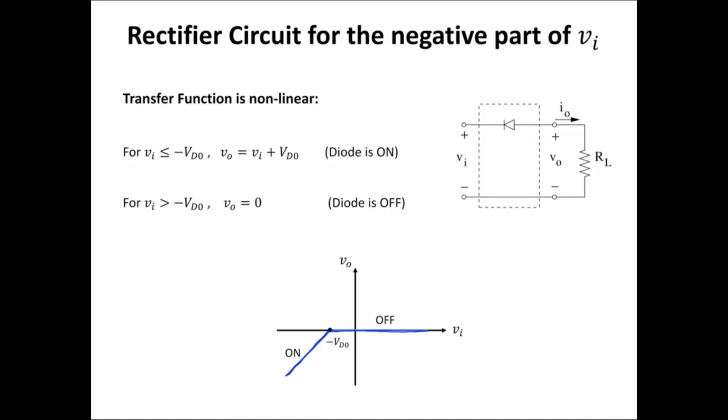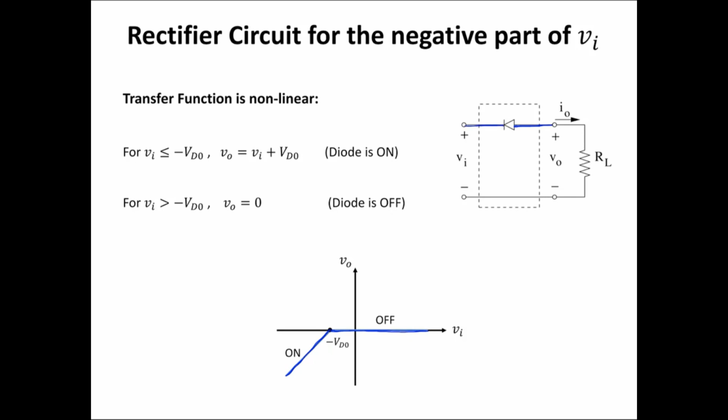If we flip the direction of the diode in a rectifier circuit, the way that I did in here, then we can keep only the negative portion of Vi at the output, and for positive values of Vi, make the output go to 0. This happens because of the way the diode is connected in this circuit.